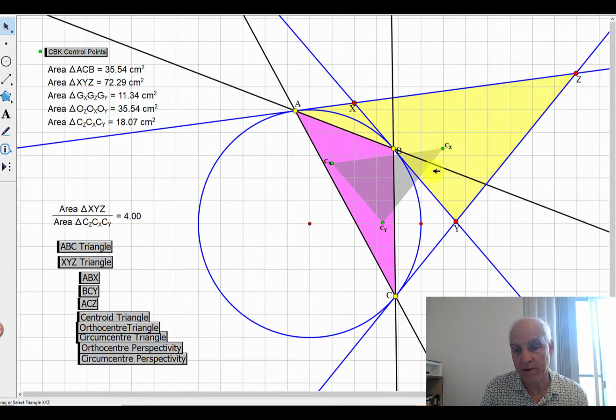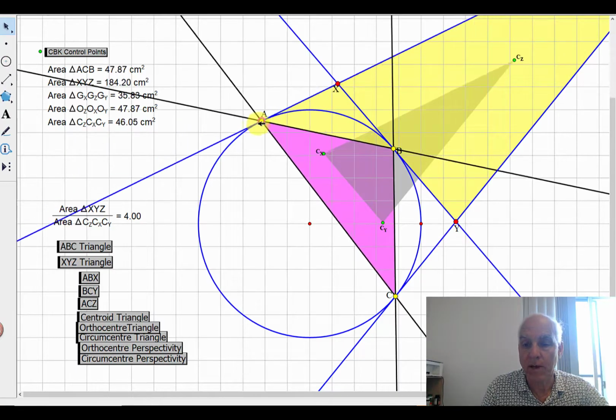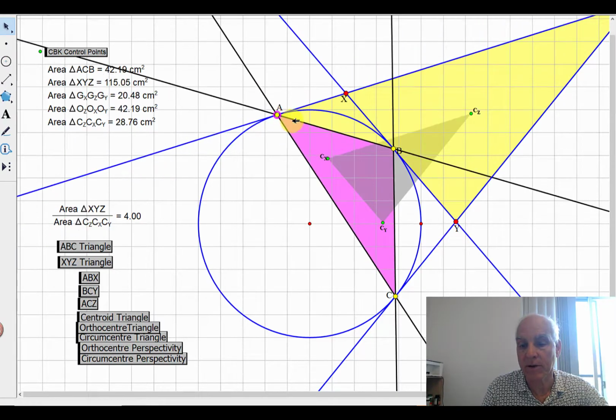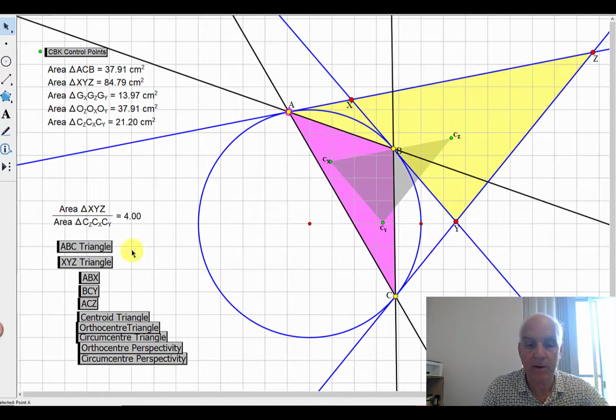This is parallel to this, this is parallel to this. These two look like they're similar triangles. Let's just see if that's true. So we move around, and yes, that's what's happening. These two triangles are similar. Let me turn this one off. So XYZ and this triangle of circumcenters of the three subtriangles are similar triangles, and they have this constant ratio between their areas.